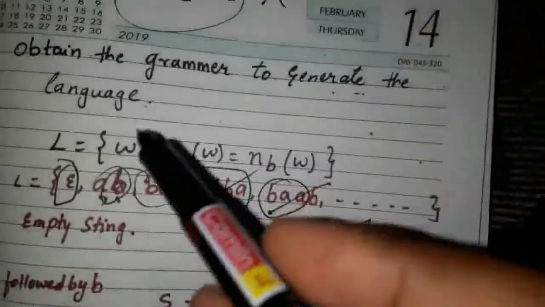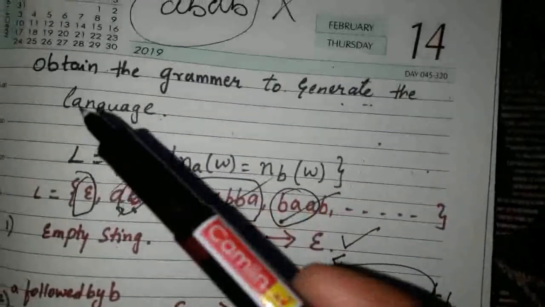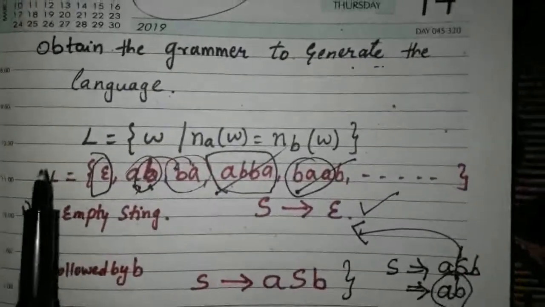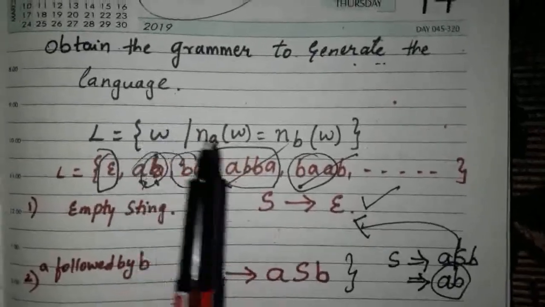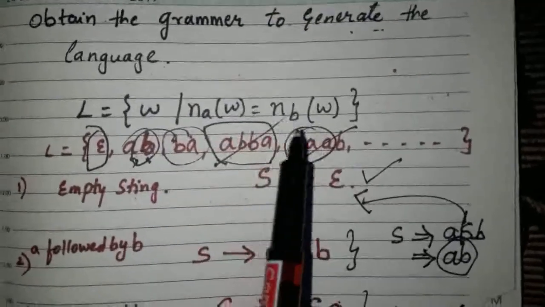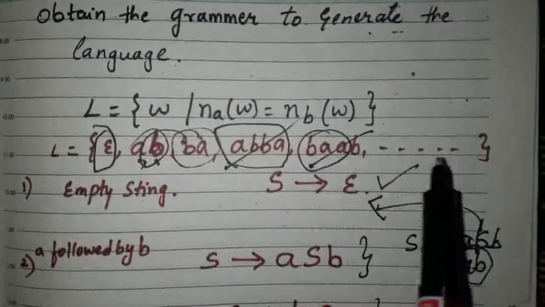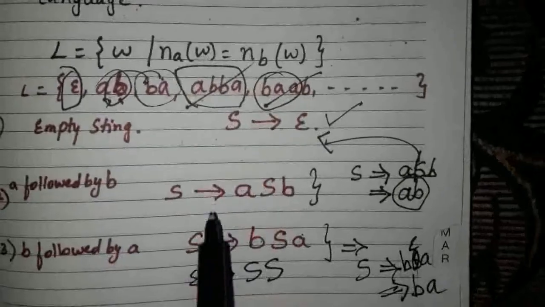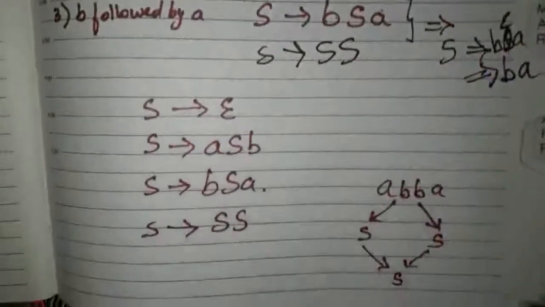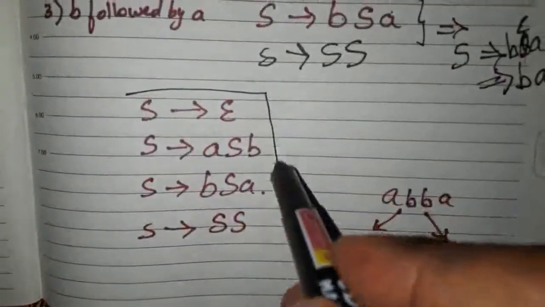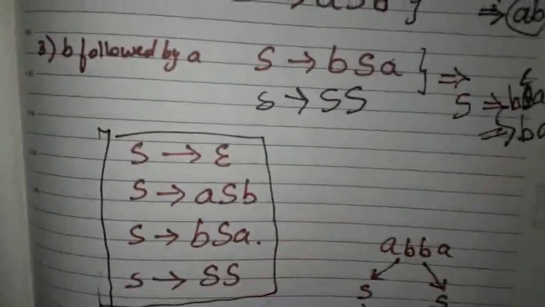So the grammar for the given problem, that is, obtain the grammar to generate the language where L is equal to some string, wherein in that string the number of A's should be equal to number of B's. Then we have taken all the possible examples and generated its equivalent productions. On combining all these productions, this is the grammar for the given problem.